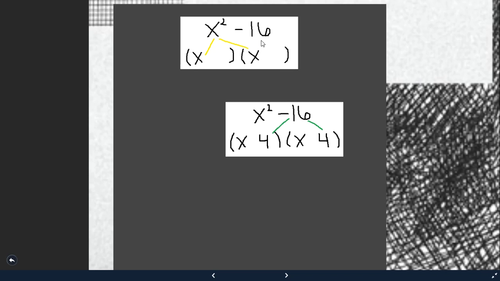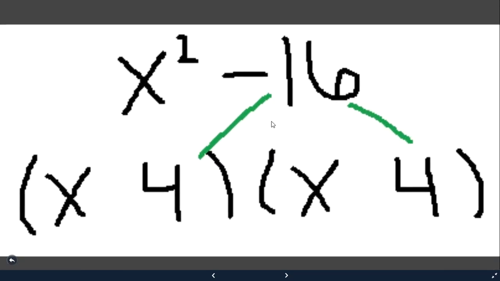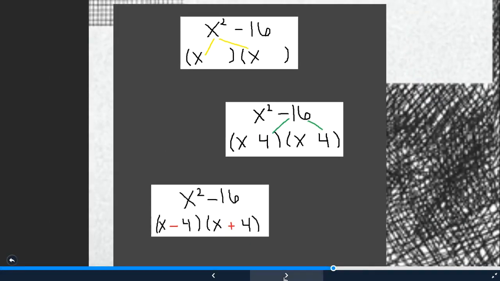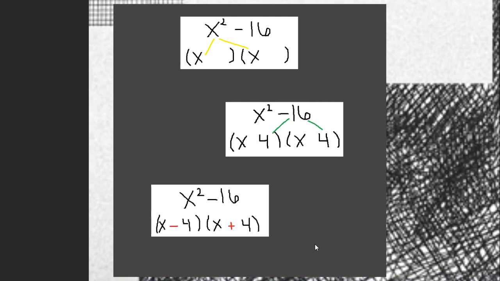We're not dividing by 2. That wouldn't work. We've got square root terms: the square root of x squared and the square root of 16. One gets a minus and one gets a plus. And that's our answer. Factoring x squared minus 16 using difference between squares gives the answer of x minus 4 and x plus 4. So your parentheses should match, with the exception of the sign.